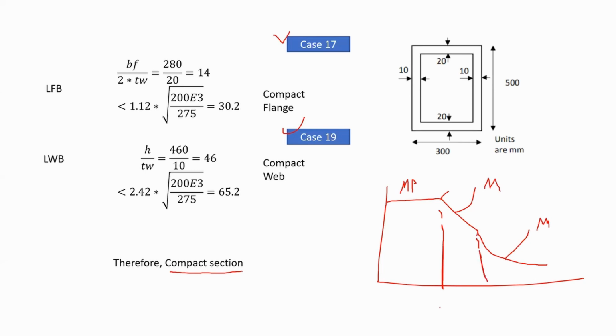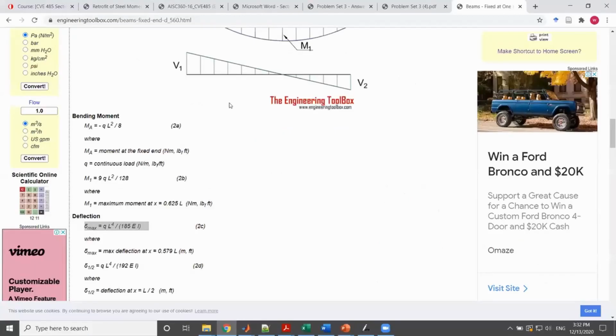So in here I have lambda p, and in there this would be lambda r. So since it was compact, it was easy to calculate. But if it was in between here or there, it would be different. You have to use different equations. And the equations that I'm talking about, you can find them in the AISC.